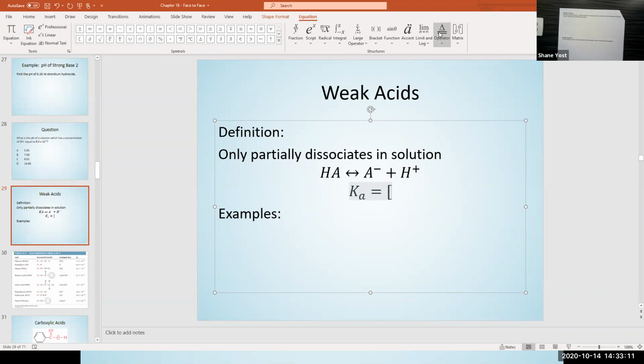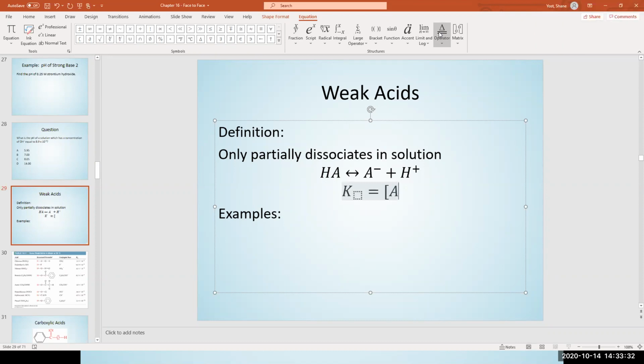Which is going to equal what? What will Ka equal for this reaction given above? What is the equilibrium constant equal to? The concentration of A minus times the concentration of H plus over the concentration of HA.